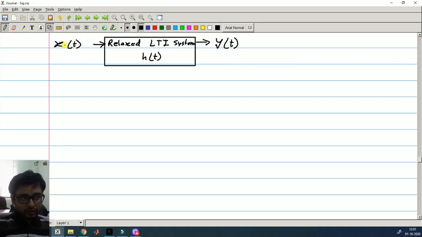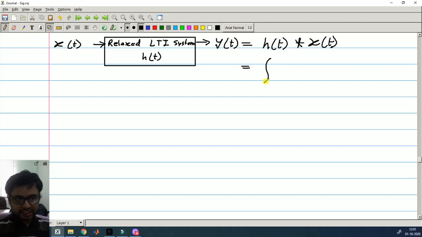So if we feed input x(t) to a relaxed LTI system with impulse response h(t), then the output y(t) is given by the convolution of h and x, that is the integration of h(tau) x(t minus tau) d tau, tau running from minus to plus infinity.